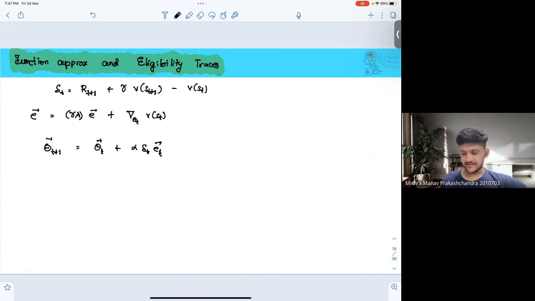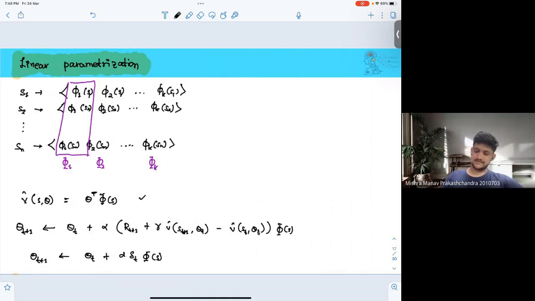Now notice, I should put a hat here. Notice that for the estimation of the value function, I need to take a gradient with respect to the estimation. This also should be highlighted. It's an important equation.